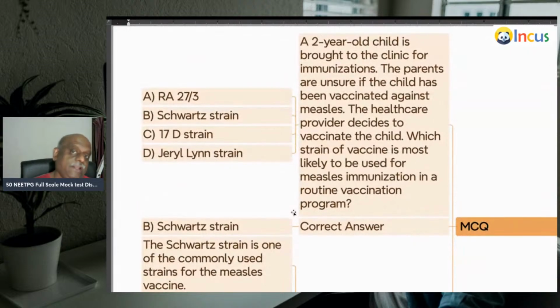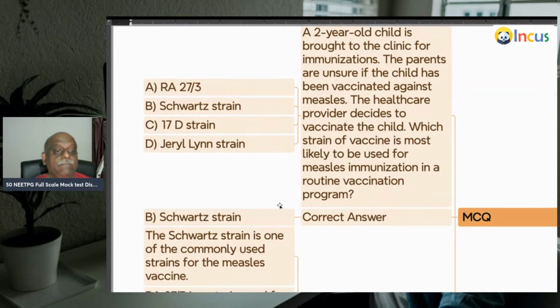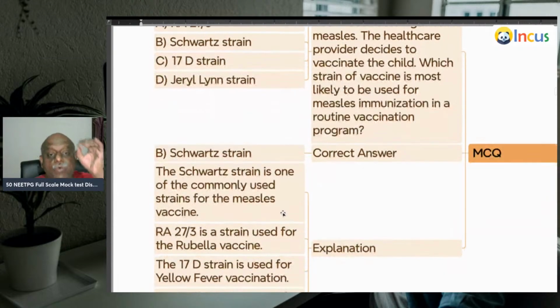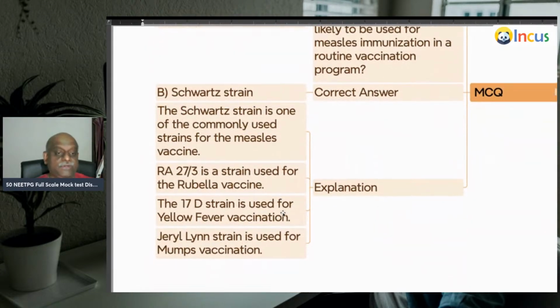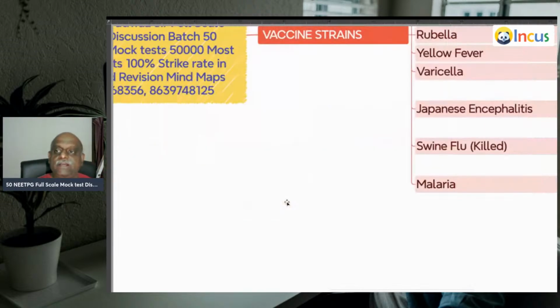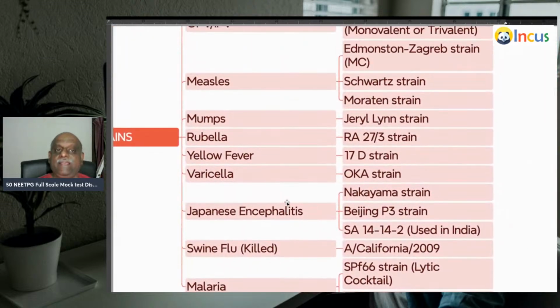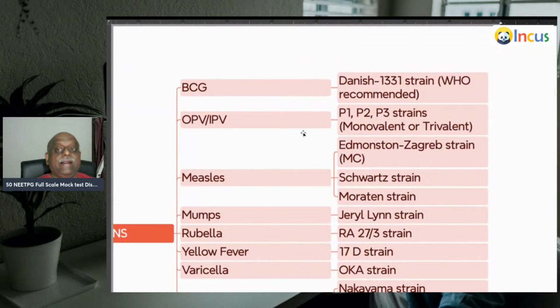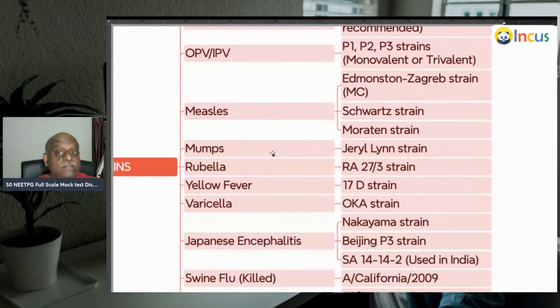A 2-year-old is brought to clinic for immunization. Measles: the Schwartz strain is commonly used. RA27/3 for rubella, 17D for yellow fever, Gerillin strain for mumps. All these quizzes, BCG Danish, OPV P1, P2, P3, measles, Edmonston-Zagreb strain is most common.